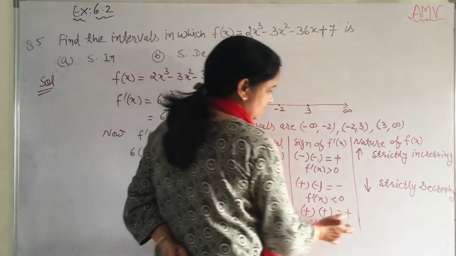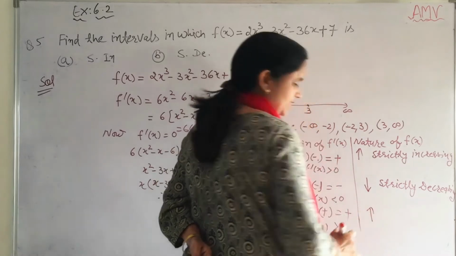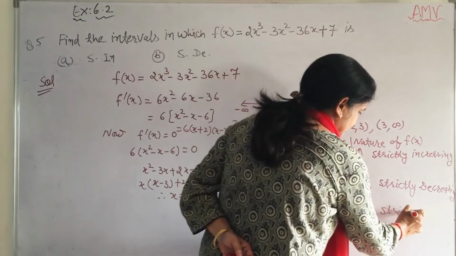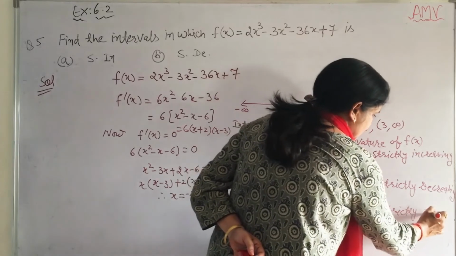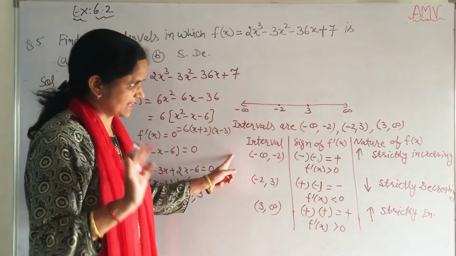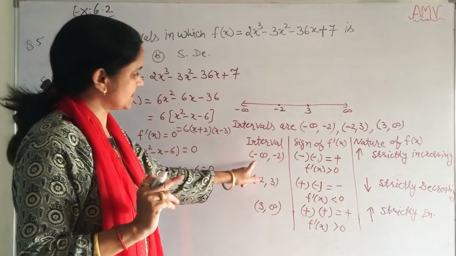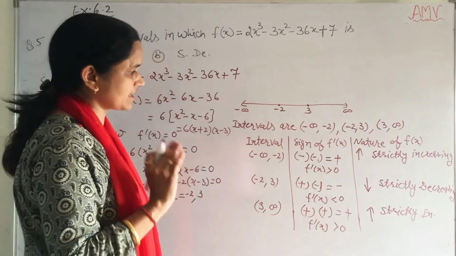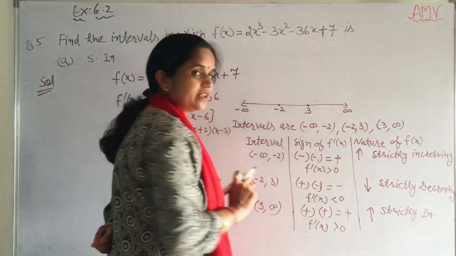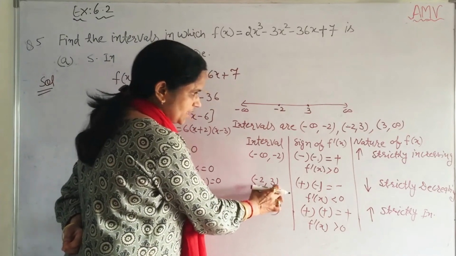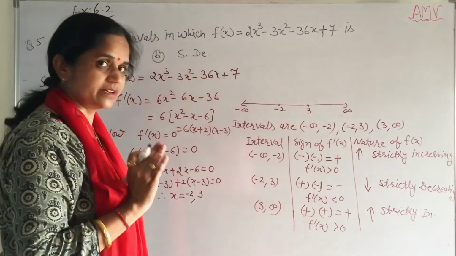So in this interval also the function is strictly increasing. Finally you can mention that in the intervals minus infinity to minus 2 and 3 to infinity, the given function is strictly increasing, and in the interval minus 2 to 3 the function is strictly decreasing.